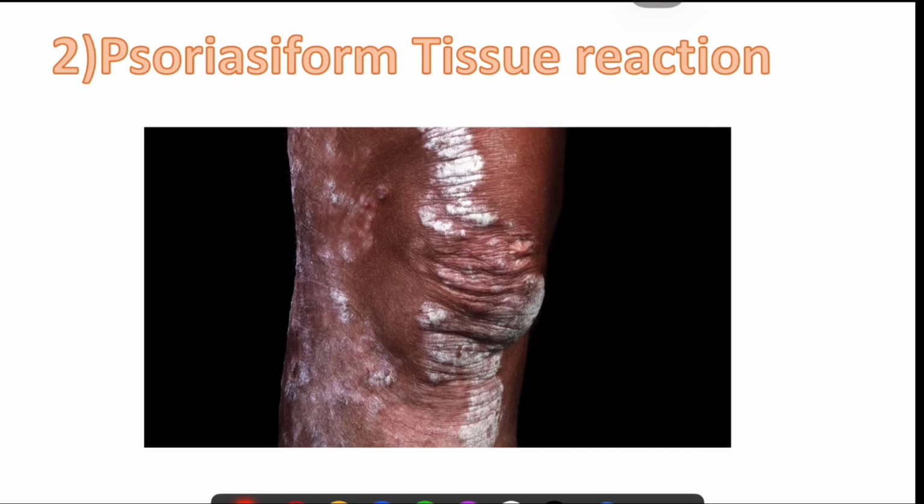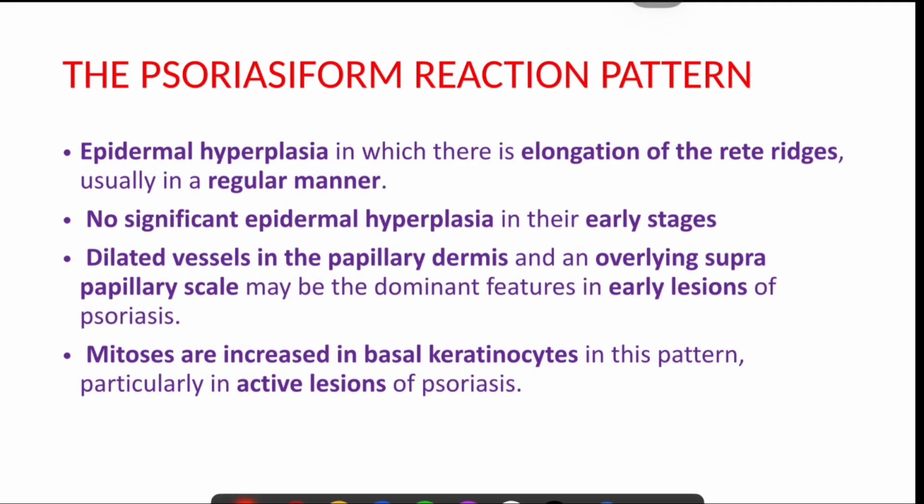Now, the second pattern is psoriasiform tissue reaction. So what is psoriasis? Psora means itchy, and in psoriasis, -asis means condition, so it is an itchy condition. In psoriasiform tissue reaction you find epidermal hyperplasia and elongation of rete ridges, which is regular in manner.